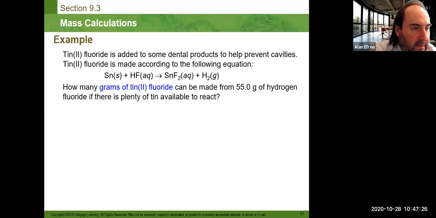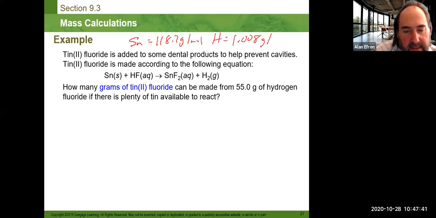Again, if we look at some numbers that we probably need here, we have tin 118.7, hydrogen 1.008, and fluorine 19 grams per mole. See what you come up with real quick.